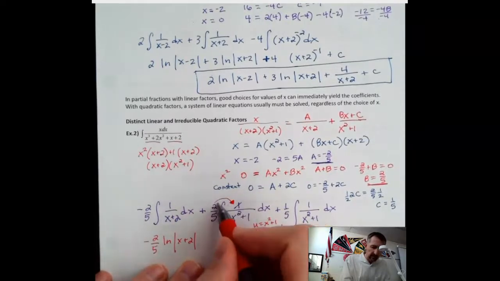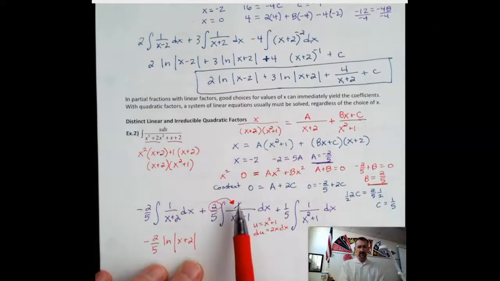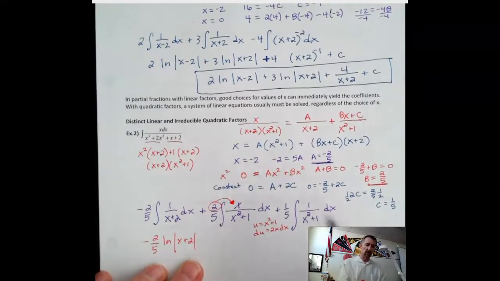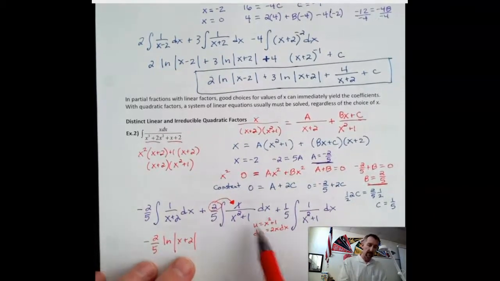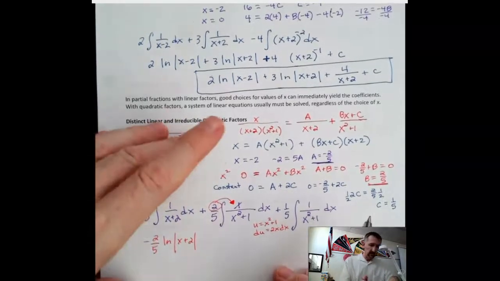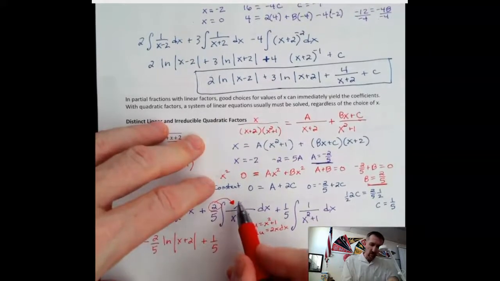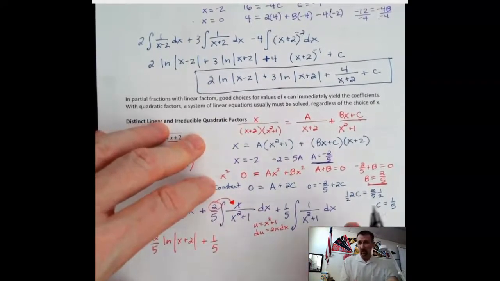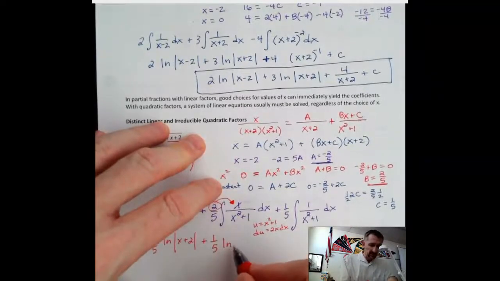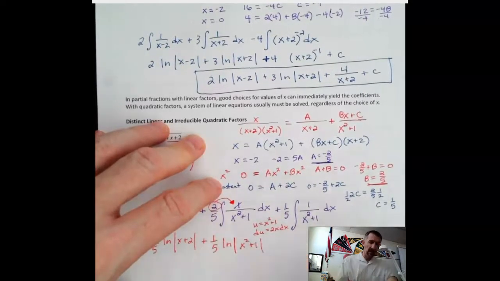So we can bring that 2 back in, and that works out pretty nicely for us, that we're going to get du there and u here. So that's going to be, this is 1/5, and that's going to be 1 over u, or du over u. So that's still going to be the natural log, and then we're going to plug u back in. So that's going to be that.